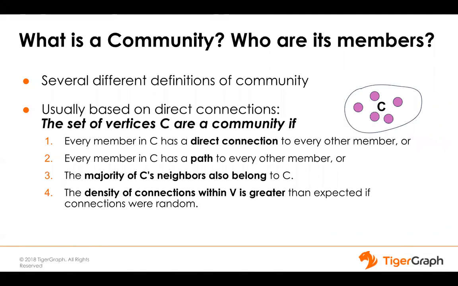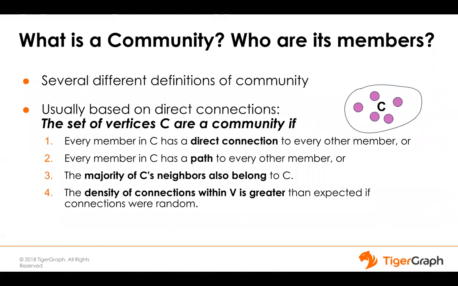Third, you're connected to people in your community, but chances are you're also connected to people outside your community. It doesn't mean you completely ignore people outside your community. It's just that you have fewer connections. So now we look for the majority of your connections being within your community.